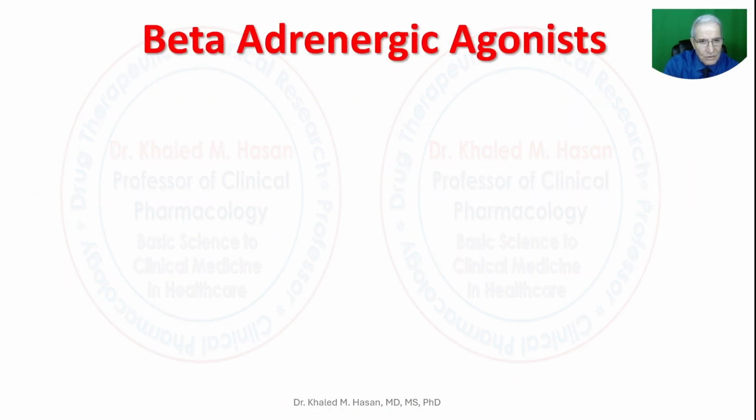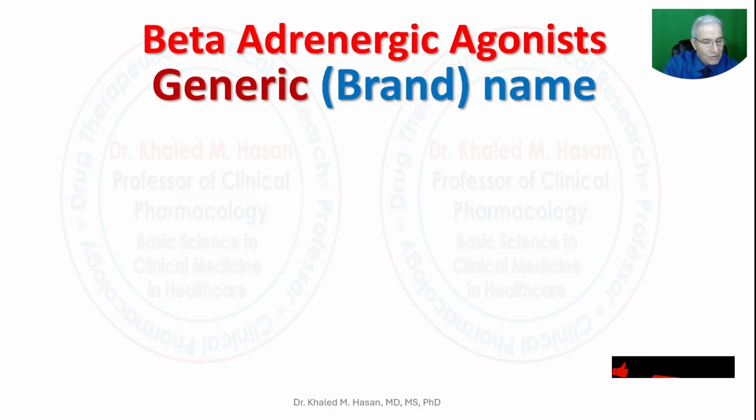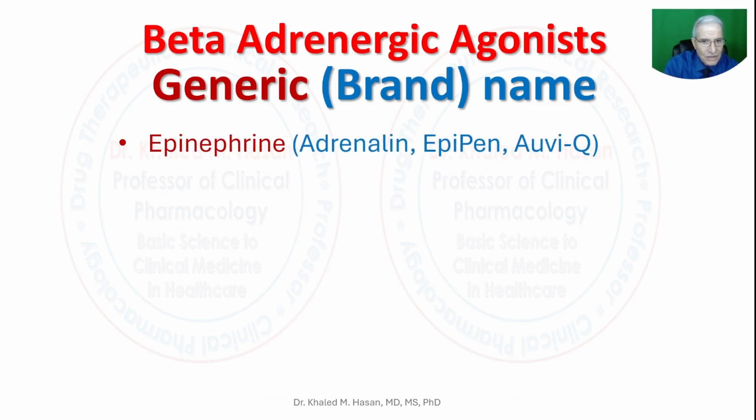Regarding generic and brand names, do you need to know that? Yes. For clinical practice, whether you are a pharmacist, prescriber, physician assistant, or nurse, you need to know the generic and the brand name. So for epinephrine, we have Adrenaline and EpiPen.